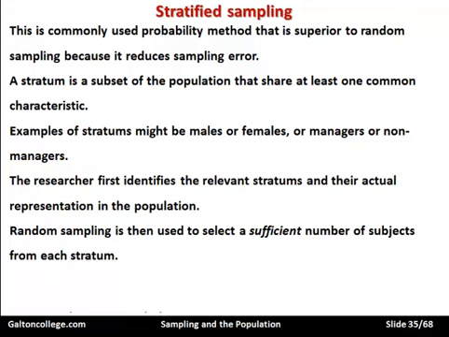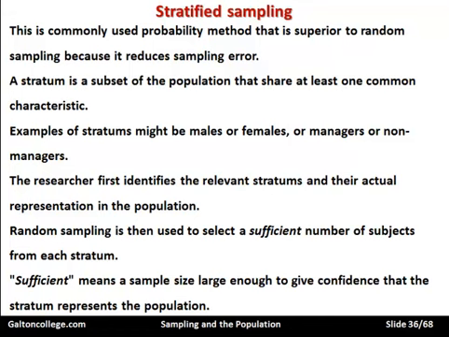Sufficient, in this case, means a sample size large enough to give confidence that the stratum represents the population. So a sufficient number have to be selected to give confidence that the sampling is representative of the population.